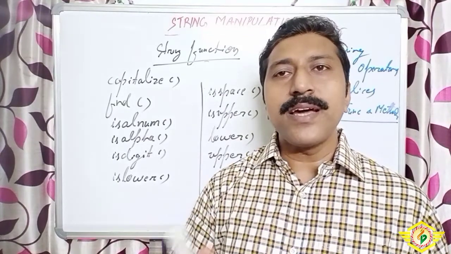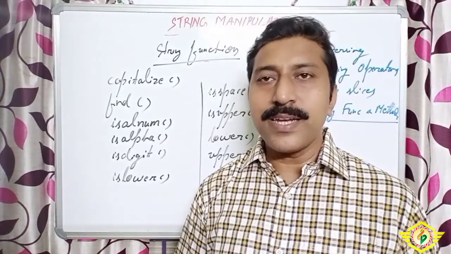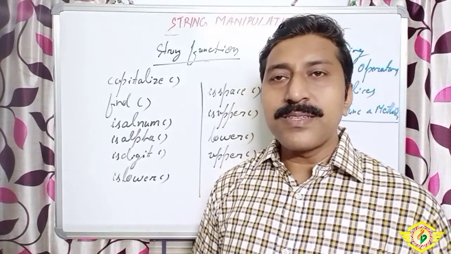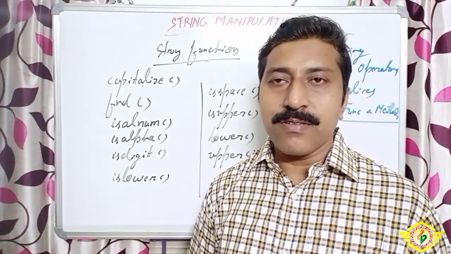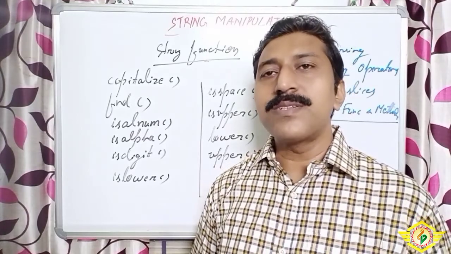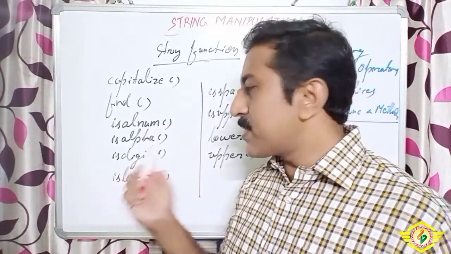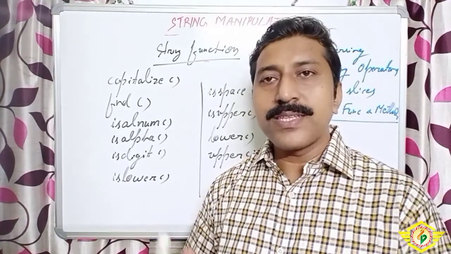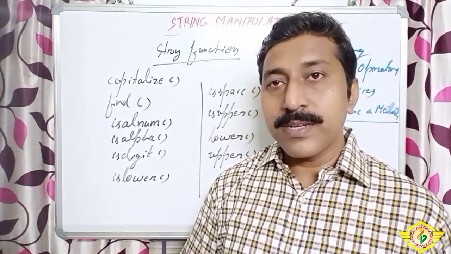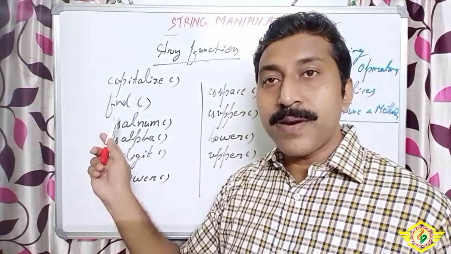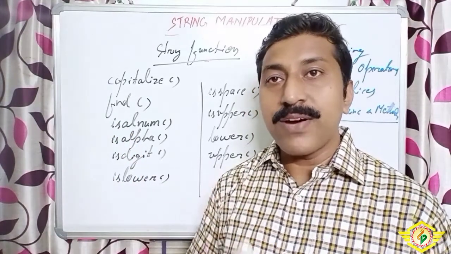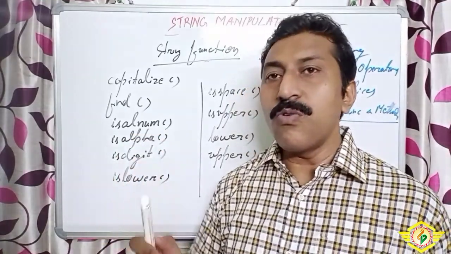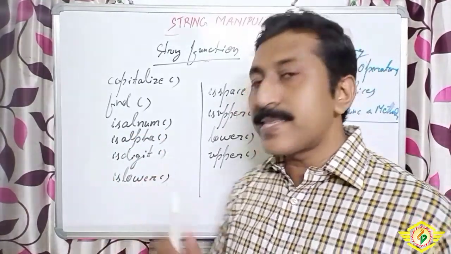If only alphabets or a mix are there, it will show you true. Next one is isalpha. Isalpha means whether it is only alphabets or not. If it is a numeric value, the output will be false. Next is isdigit. If it is only digits, then it will be true. If it is alphabets, then it will be false. Remember, that's why three separate ones are there. First is mixed alphanumeric, second is to check only alphabets, and third is to check only digits.